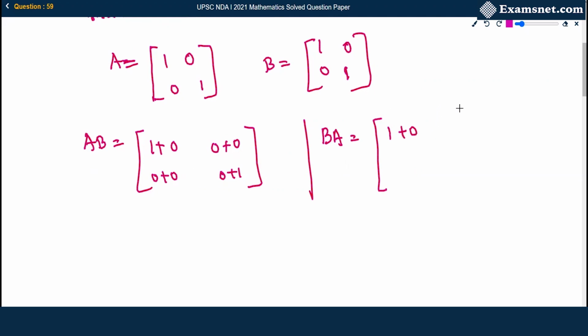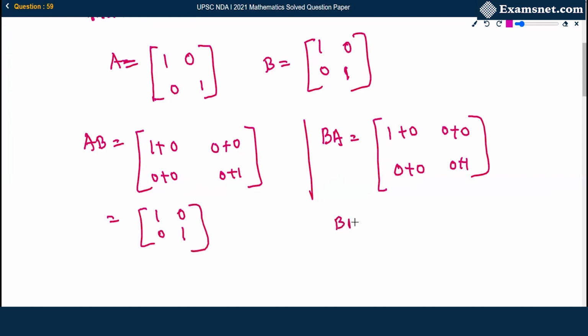Next 0, plus 0. Also here 0 plus 0, 0 plus 1. So look, it will give me the value 1 0 0 1. Also BA becomes 1 0 0 1.